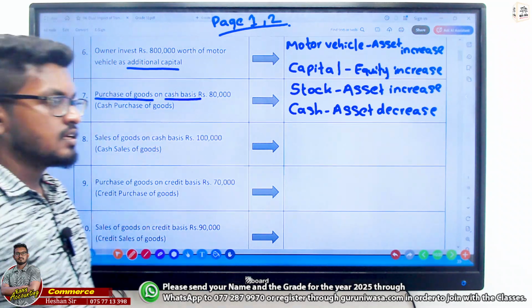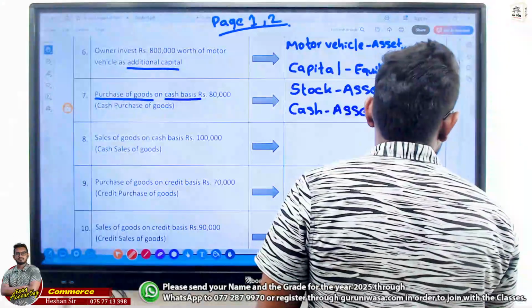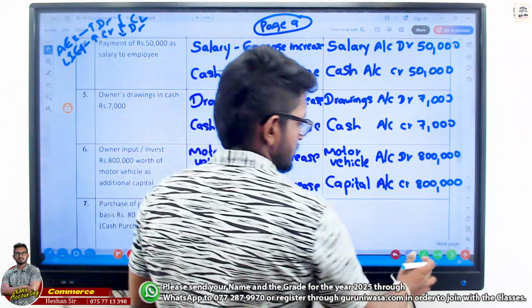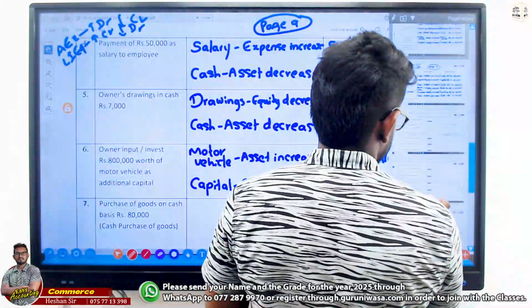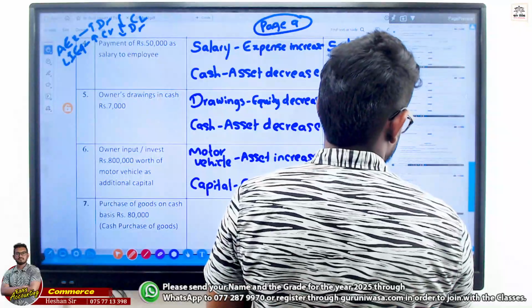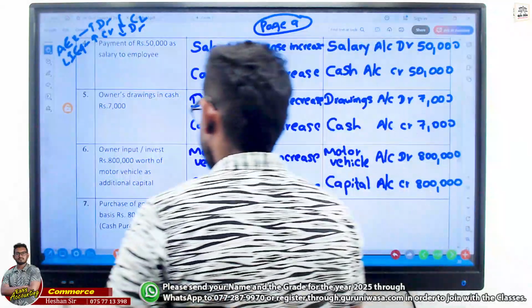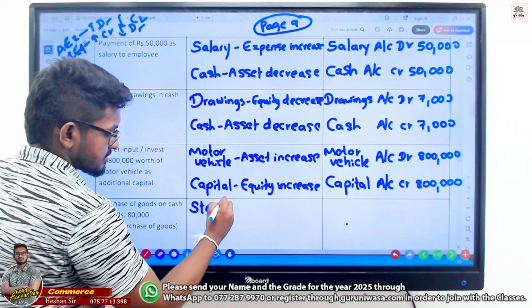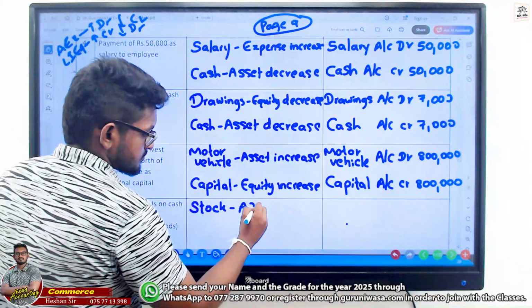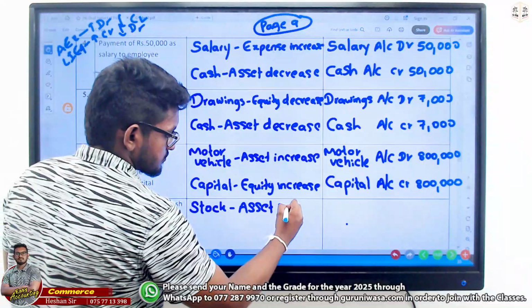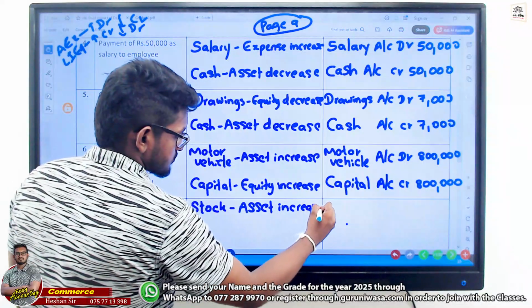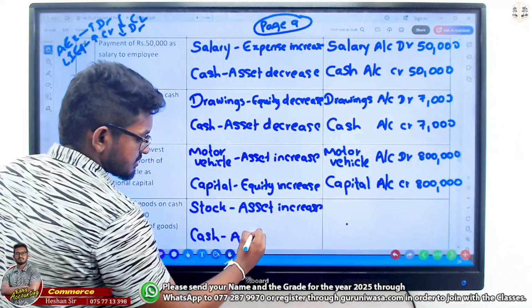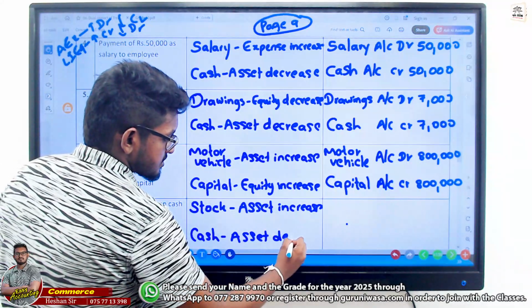Write the same thing in here. Number 7. Stock asset increase, cash asset decrease.